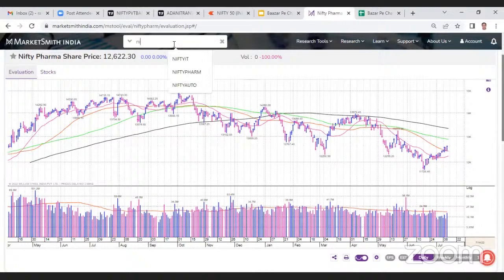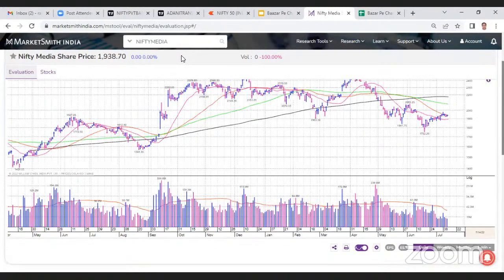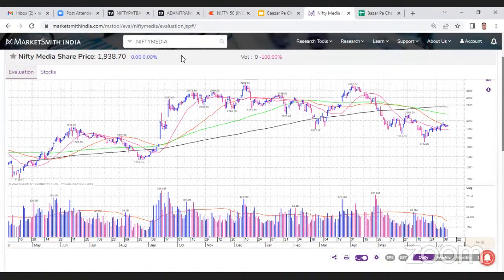Okay. So if I talk about media, currently it is placed around 1930, today's closing around 1930. And on the long-term time frame chart, especially the weekly chart, it has already breached the lower band of this upward sloping parallel channel, if you draw a trend line connecting from the low of March 2020.